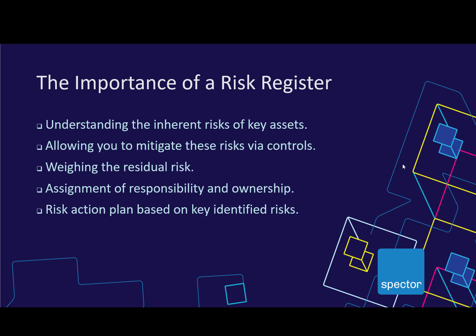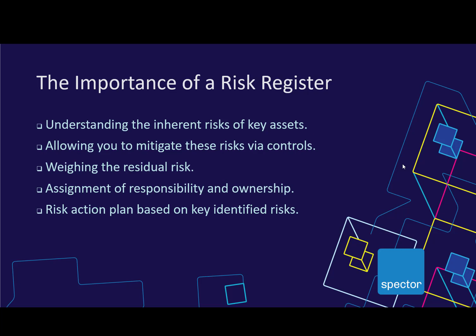There's no point implementing a security control if it costs more than the actual damage that would happen. So essentially it's understanding the risk, how to treat it, and then having a mitigation plan to address those risks.